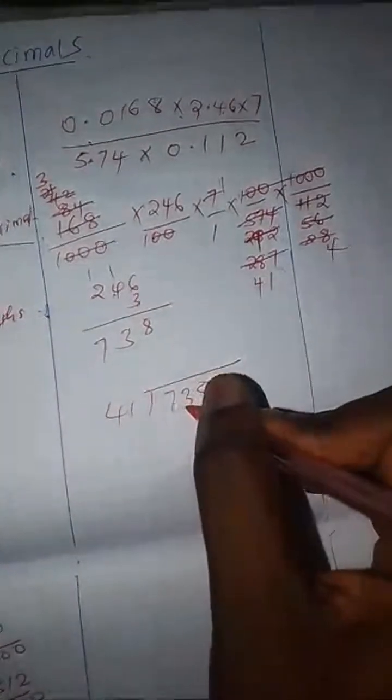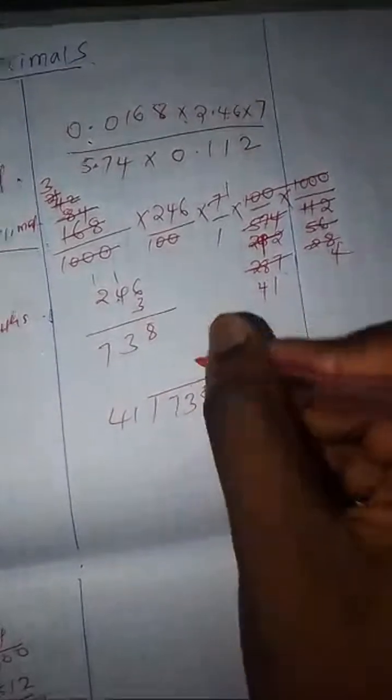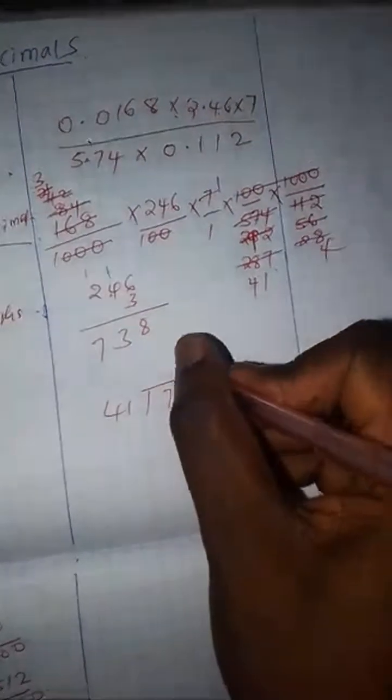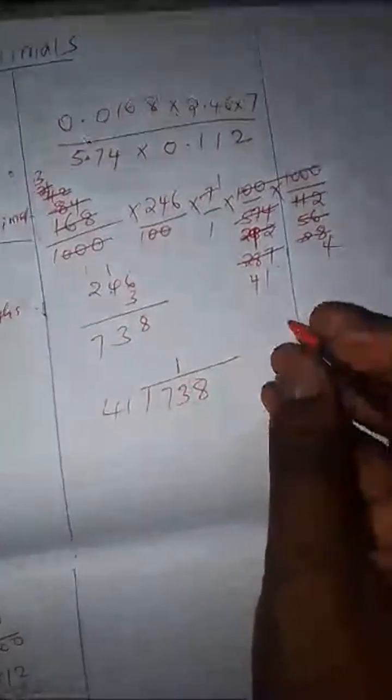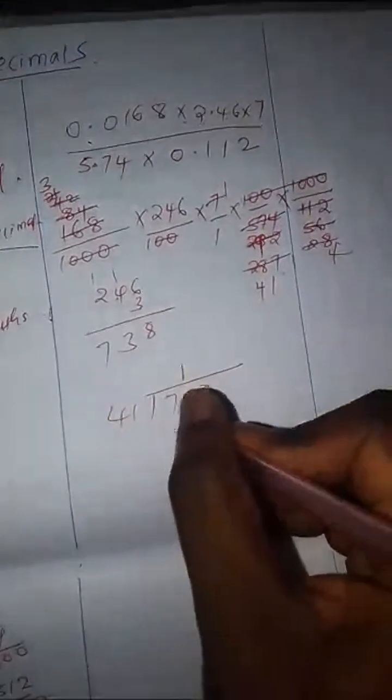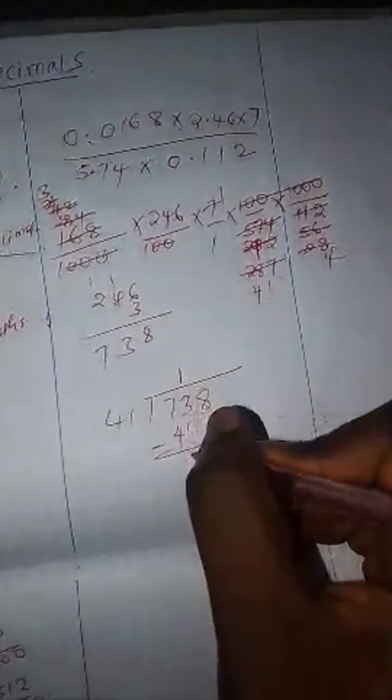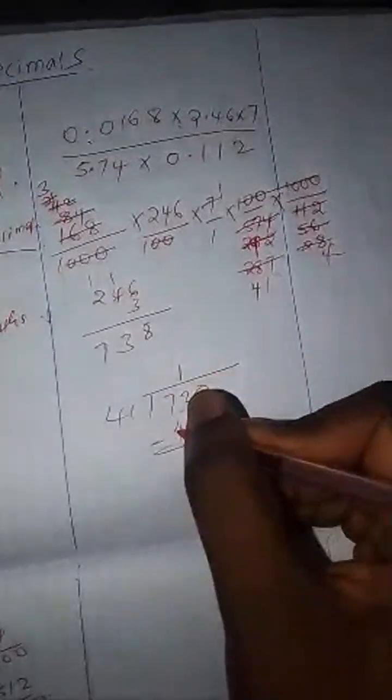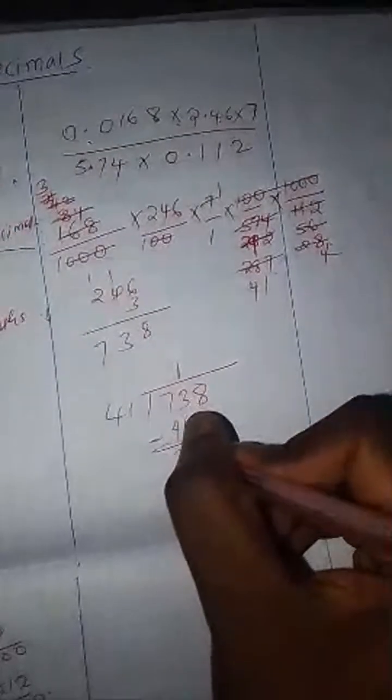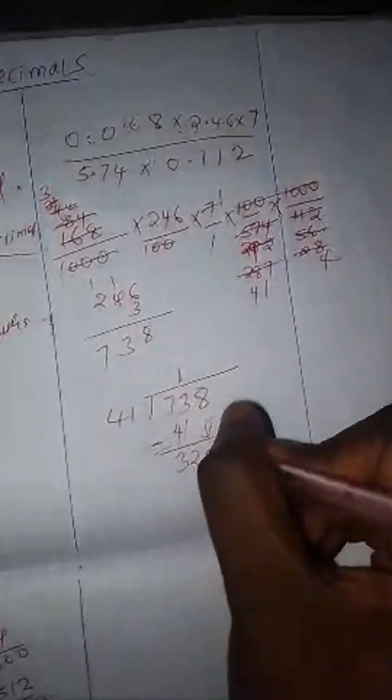So 41 goes into 73 how many times? 1 time. That gives us 41. So when you subtract, here is 2, here is 3, here is 8.